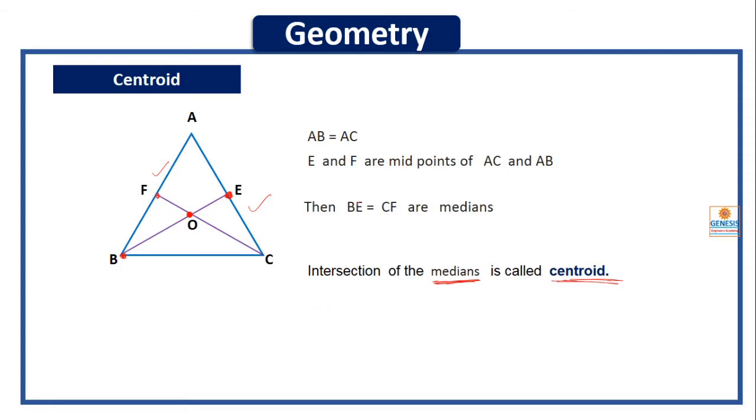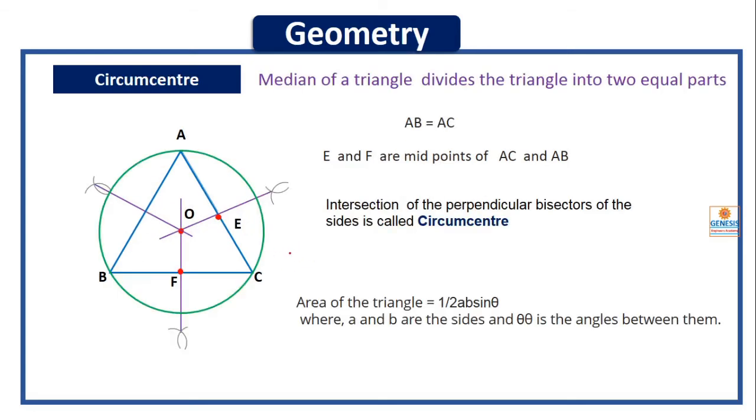Okay. So in this case, AB is equal to AC. So you can also find out what that one is. Next one is circumcentre. In the previous case, we were able to draw the circle inside, and then it is called the incircle. Next is the outer circle.